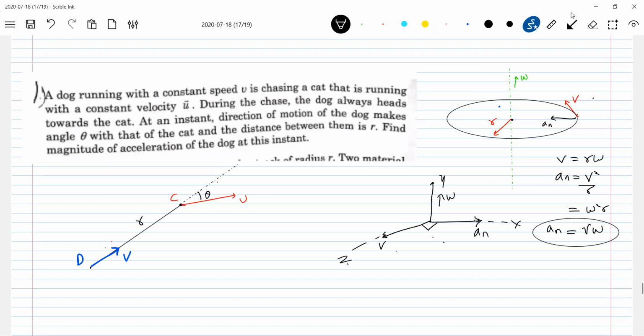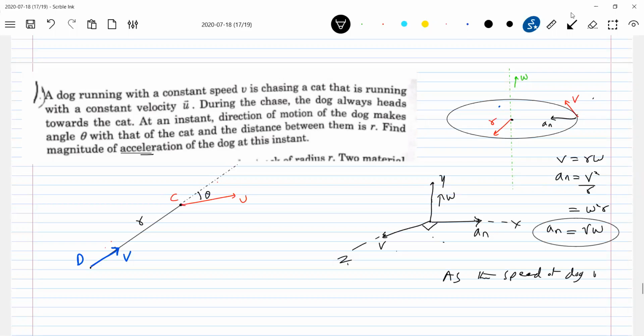That acceleration is what it is asking. Actually, it should have said radial acceleration or central acceleration. As they are moving with a constant speed, there is no question of tangential acceleration. That's why they called it only acceleration. I'll give the reasons now why there's no tangential acceleration: as the speed of the dog and cat are constant.